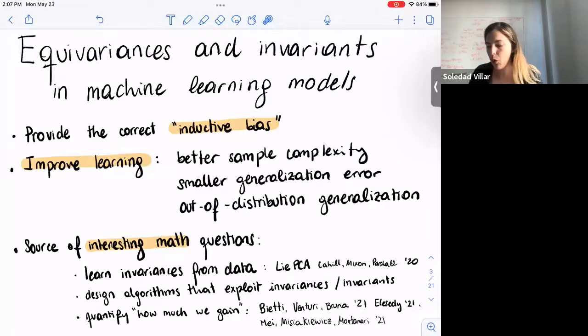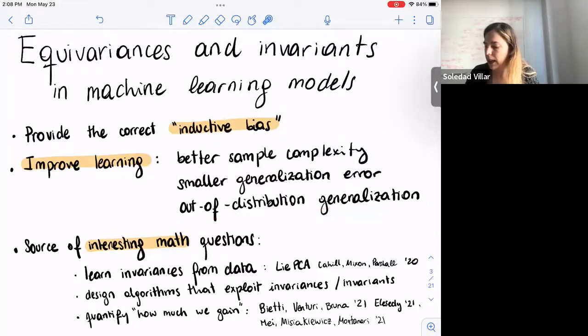And also we can quantify how much you gain by introducing these symmetries in terms of sample complexity, meaning that you will need fewer samples to learn up to the same error, a smaller generalization error. I will also show you some examples where introducing these symmetries into the models will help us with out-of-distribution generalization.